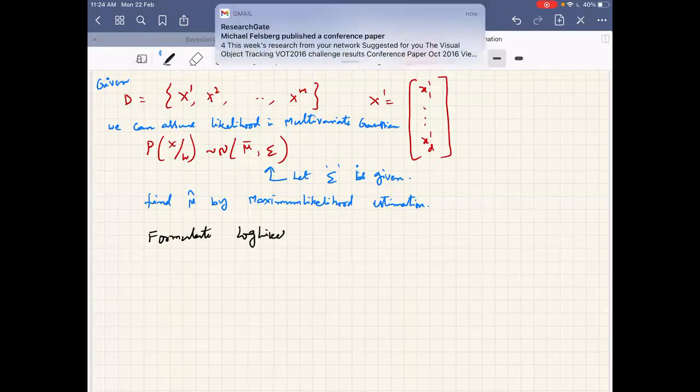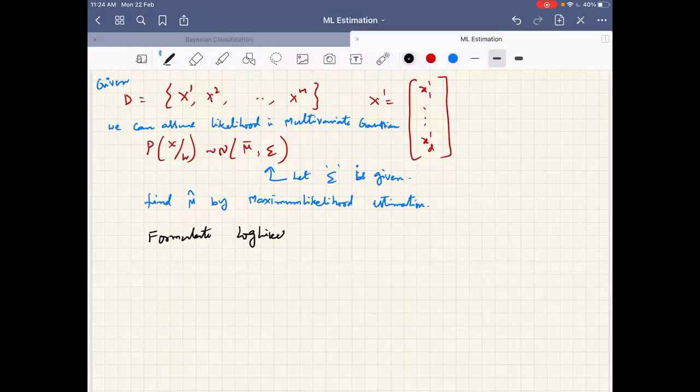Same steps we have to do. That is the elegance of maximum likelihood estimation. Formulate the log likelihood of all samples. What is theta here? Theta here is mu.